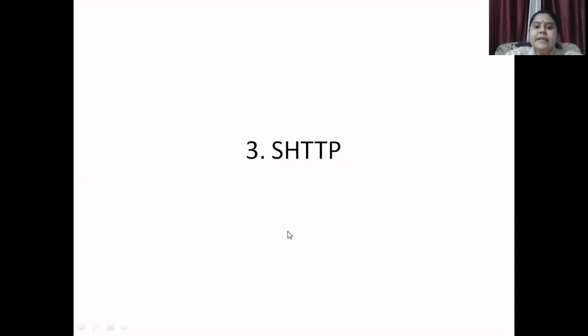SHTTP, secure HTTP, is a scheme proposed by CommerceNet, a coalition of businesses interested in developing the internet for commercial uses.